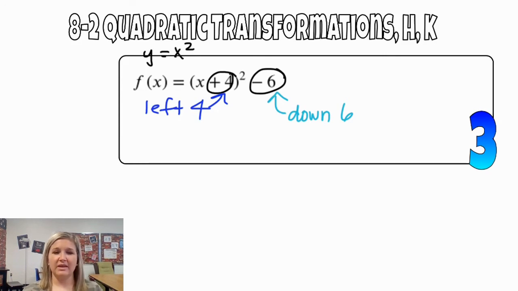This is a great thing that you can put in your calculator. Remember, you want to put in y equals x squared first, and then in the second one, put in your transformation and look to see how they've shifted or changed. That's another tool that you can use to look at these transformations. These transformations are just going to be up or down or right or left. And that's it.